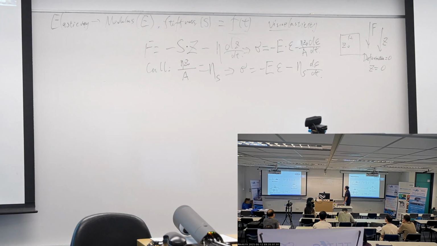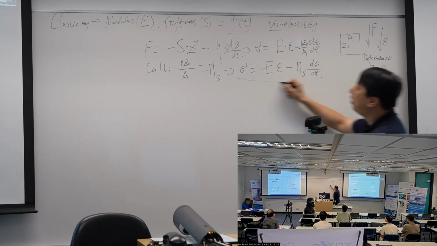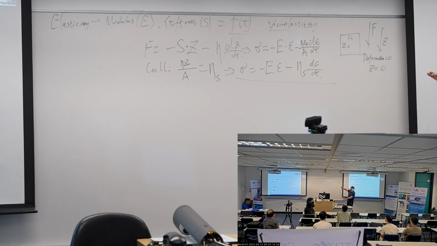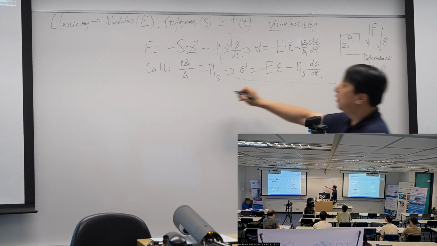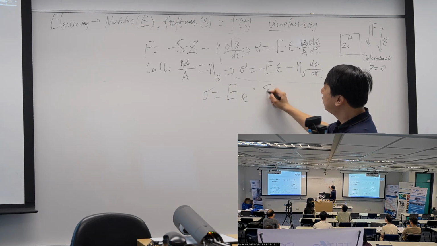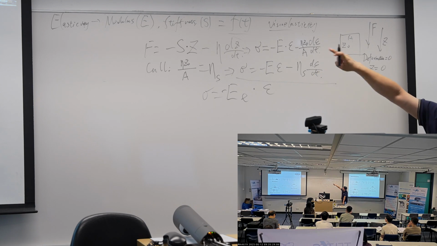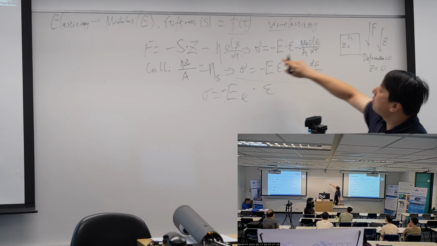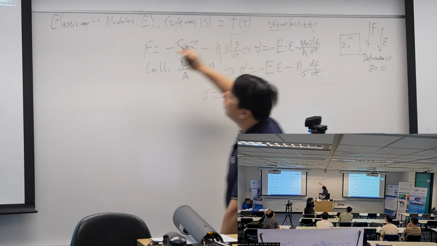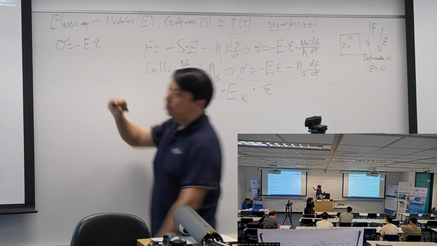So our next problem is we try to make this one into a similar shape of sigma equals E times epsilon. So we try to get it back to be something like Hooke's law.